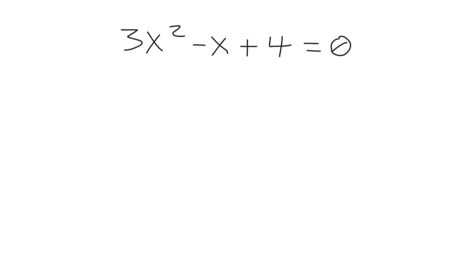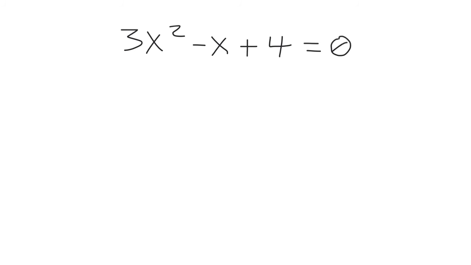Well, that is a little bit of a tricky situation because the completing the square problems that I did before featured a quadratic trinomial that had a GCF that I could just factor out of the whole thing and turn it into an easier completing the square problem. This one's going to be a little different because we're not going to be able to get rid of that 3 right there. We're kind of stuck with it.